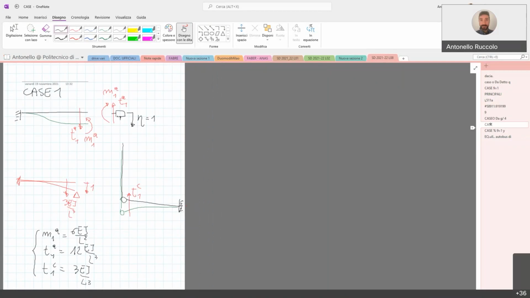If we look at this, T1C is downward because it is pushing downward the beam. It means that the reaction here will be upward because it is the reaction of the beam, TC1.